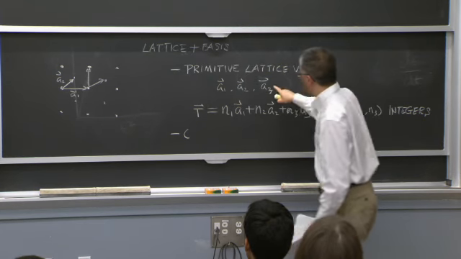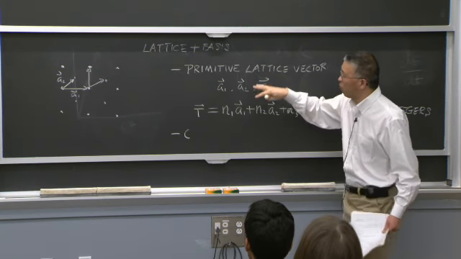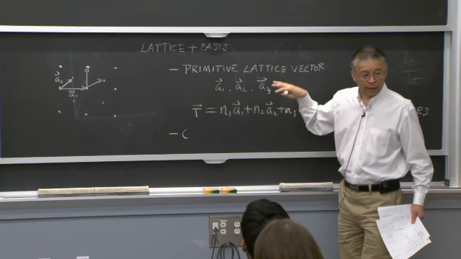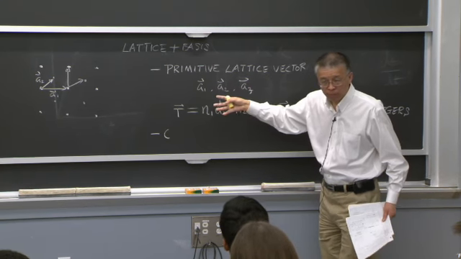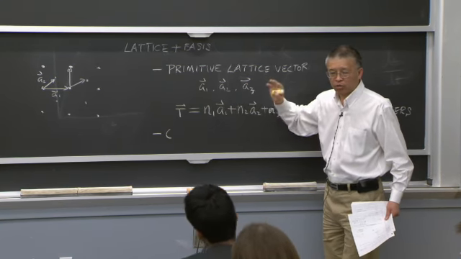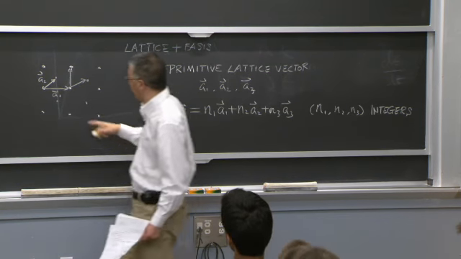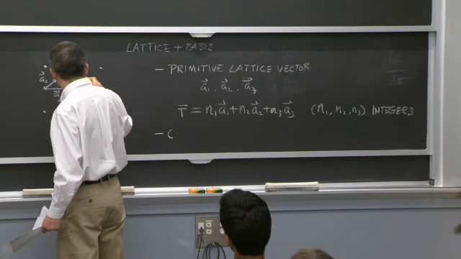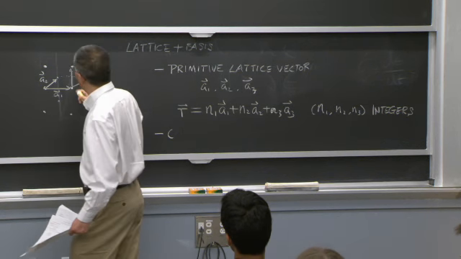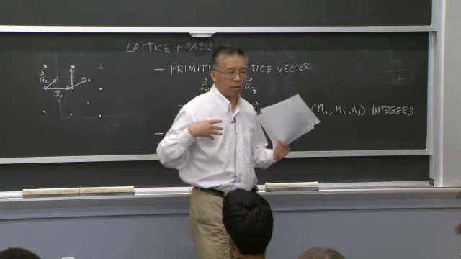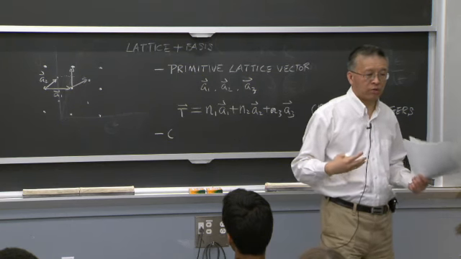The other concept is the conventional unit cell. Primitive lattice vectors form a unit area or unit volume, right? In 2D it's this unit area. If I choose this as my unit area and just repeat it, I will tile the 2D space without any voids.